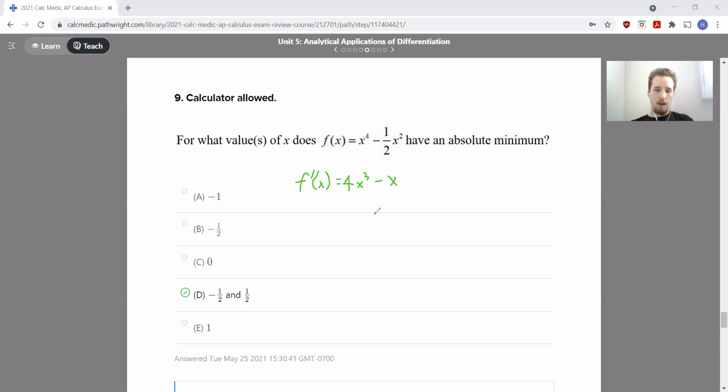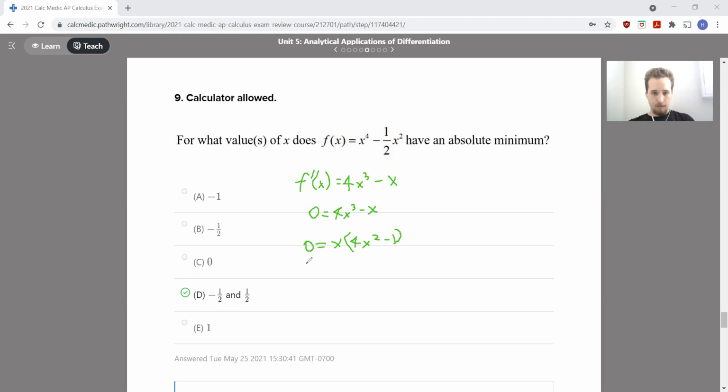Okay, well, we want to make this equal to 0. F prime is equal to 0. 4x cubed minus x. In case you don't get a calculator, well, we can do this algebraically. You can take x out, you get 4x squared minus 1.